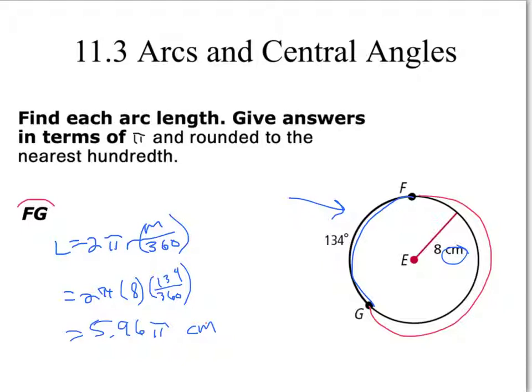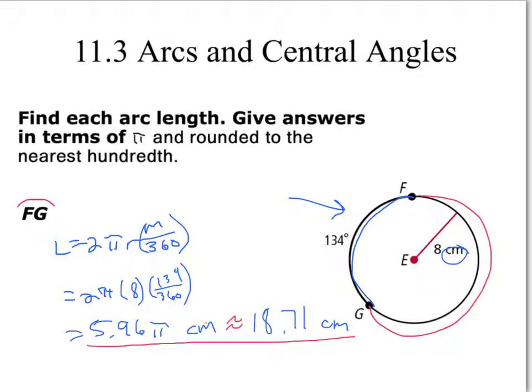I get about, don't forget your symbol for about, 18.71 centimeters. The very first thing is I multiplied straight across to get in terms of pi, just didn't multiply by pi. Then afterwards, I multiplied my 5.96 times pi.